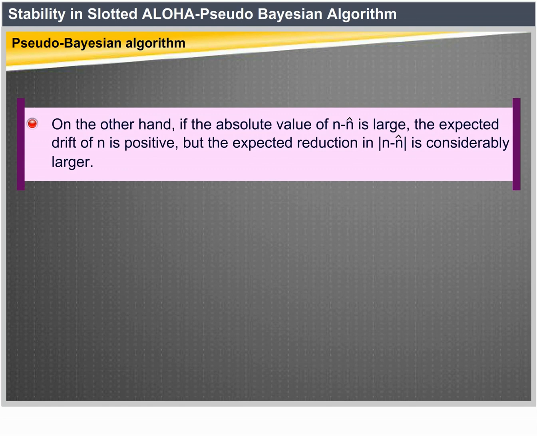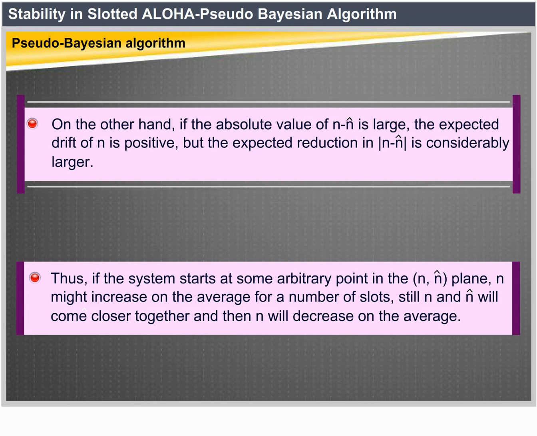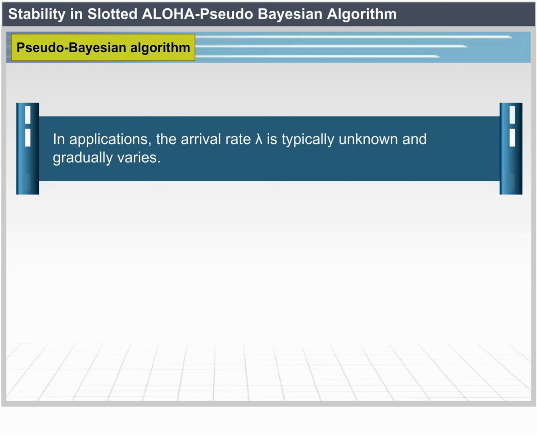Thus, if the system starts at some arbitrary point in the n, n̂ plane, n might increase on the average for a number of slots, but eventually n and n̂ will come closer together and then n will decrease on the average.